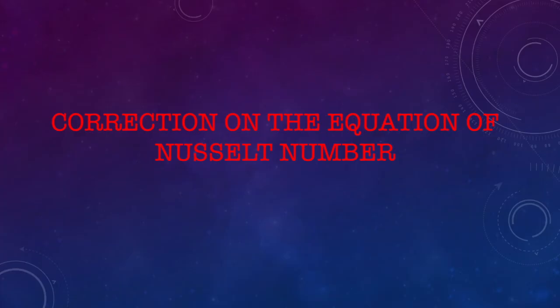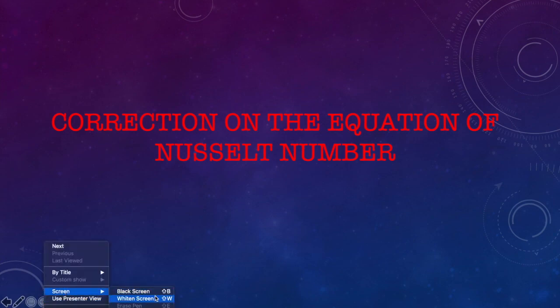A correction on the equation of the Nusselt number. Previously, I made a mistake, and I'm really sorry, because I wrongly wrote down the equation for the Nusselt number. As I mentioned before, I said the Nusselt number is equal to hL over D. This is totally wrong.